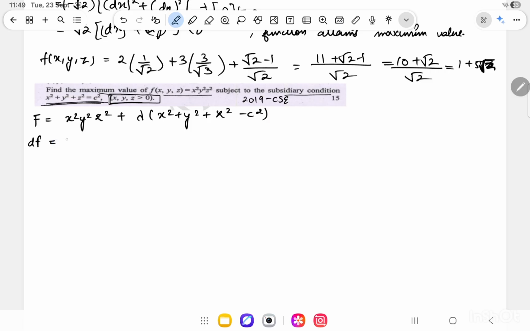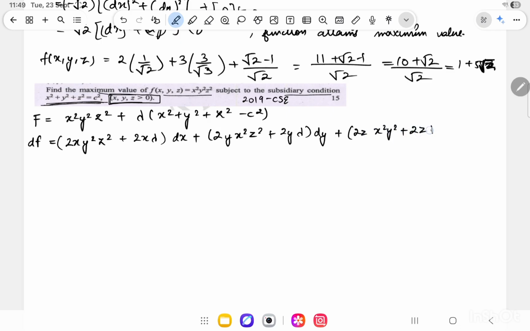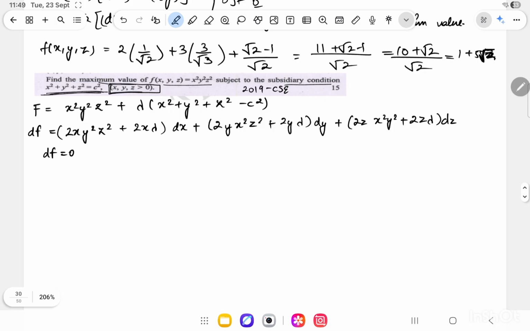So that will be basically 2x y square z square plus 2x lambda into dx, plus 2y x square z square plus 2y lambda into dy, plus 2z into x square y square plus 2z lambda into dz. Now if I equate it with 0, I'll get some relations that will help us find the condition for critical values.